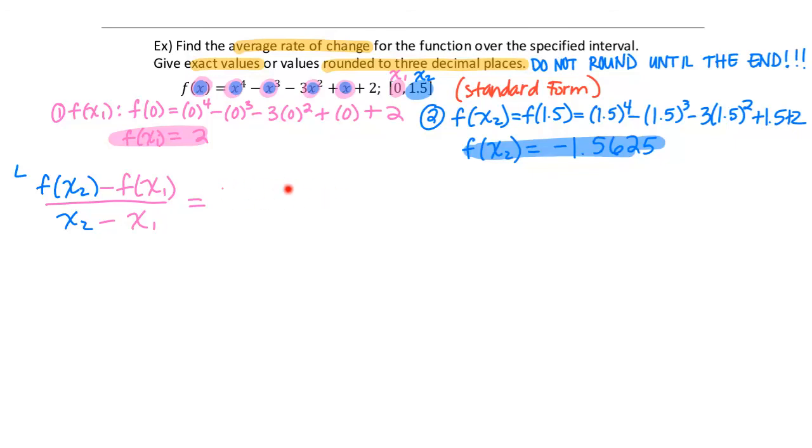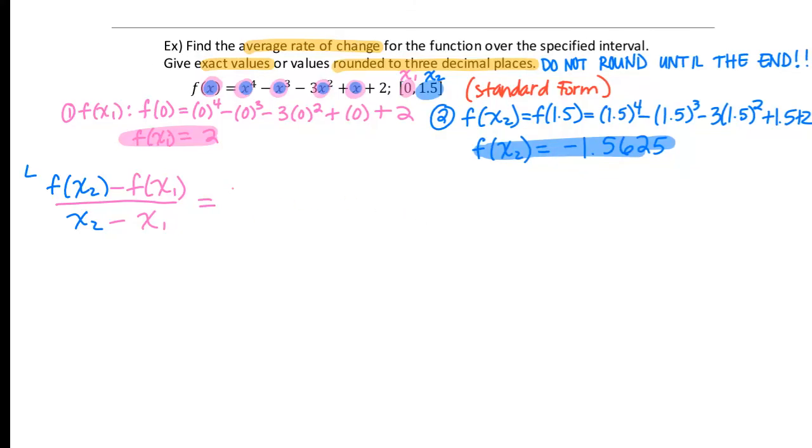What goes at the top? Lefties, practice with your partner. Which one's f of x2 minus which one's f of x1? Okay. And then righties, tell your partner what goes in the denominator. Blank minus blank.